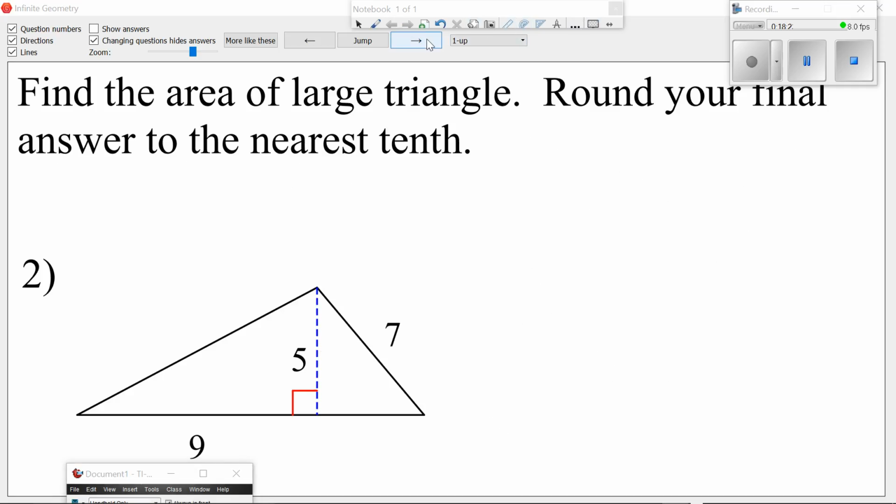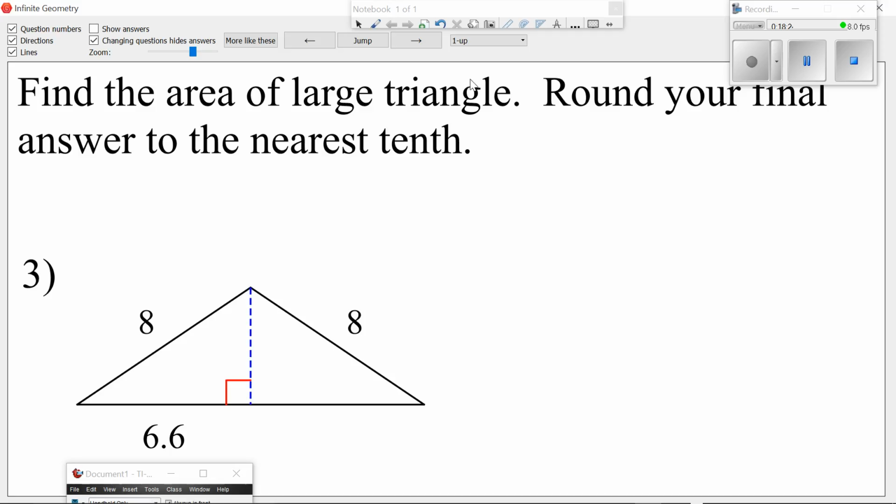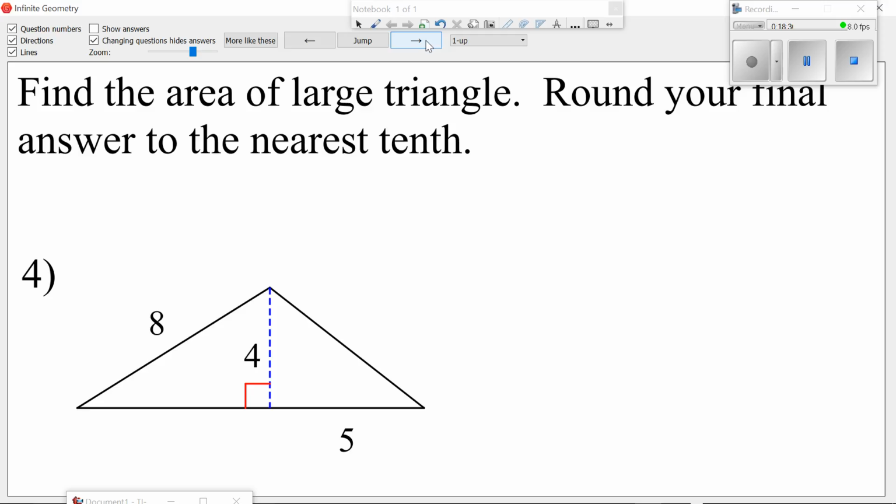Let's go to the next problem. Here's problem number 3. If you want to do that one, it's actually a good one to do. Copy it down, put it on pause and copy it. And here's number 4. Put it on pause, copy it down, and then do it.